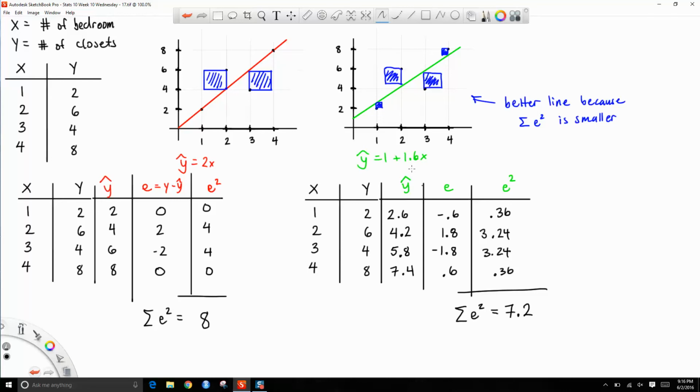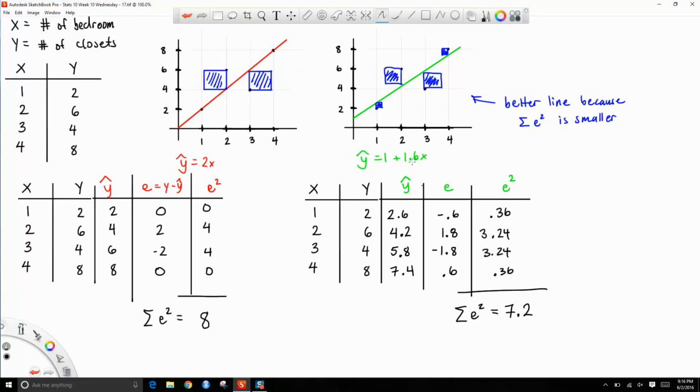And in calculus you've learned how to minimize a function, right? You would try to minimize this function of the sum of the squared residuals. If you treat your data as fixed values, the sum of squared residuals is really a result of what you pick your prediction line to be.